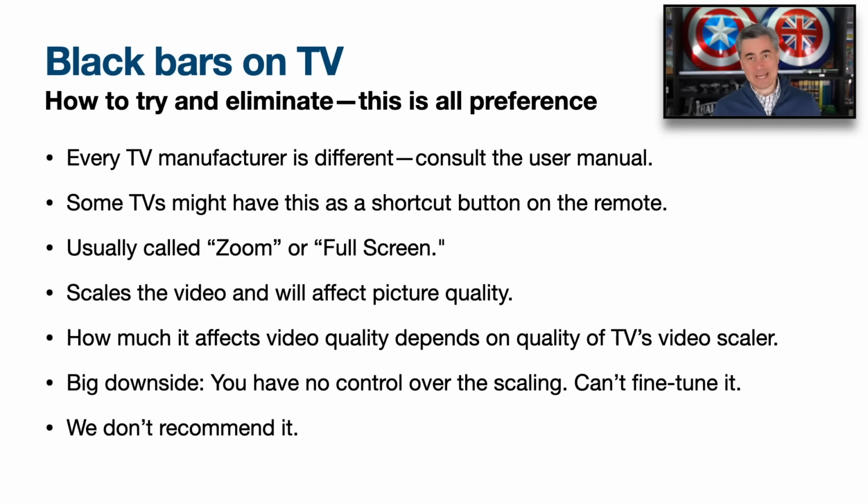The big downside, and this is really a big downside, is you really have no control over fine-tuning how this gets implemented. So in summary, if you're using a 16:9 television display, it doesn't matter if it's an OLED, premium, quantum dot, LED, our recommendation: get as big of a TV as you can, live with the black bars, because the TV implementation just is not that great.